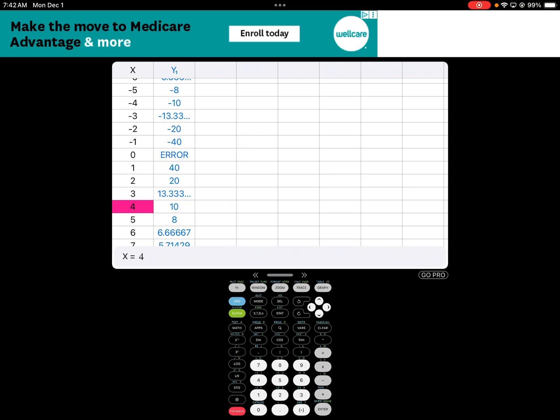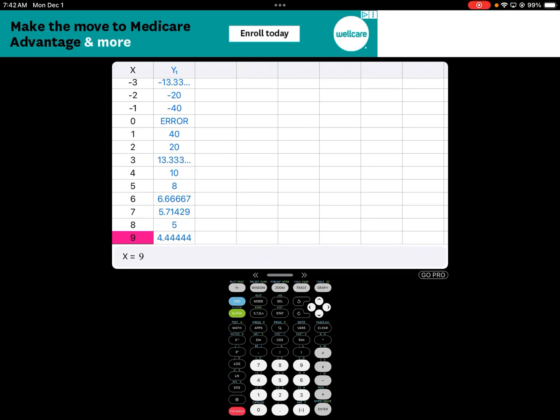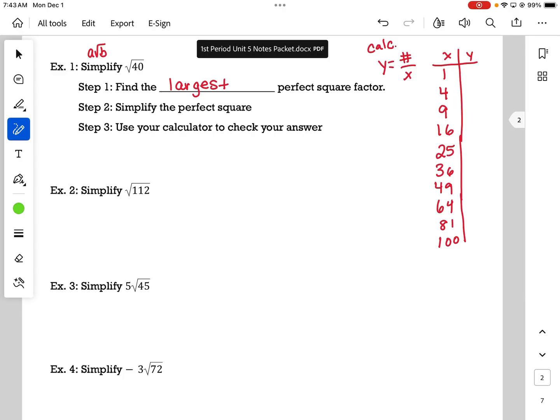Okay, 4. Is there any higher perfect square? Does 9 evenly divide it? No. Does 16 evenly divide it? No. What was the next one? 25 would be too big anyway. So we had xy.